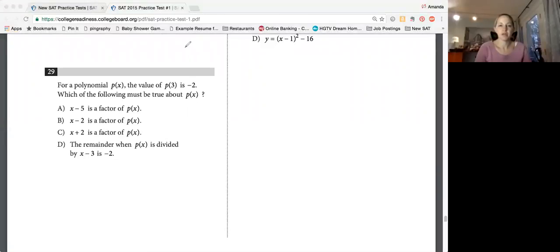Inside the parentheses of a function, that's my x value, and what it equals is my y value. So what this is saying is that the point (3, -2) is in that function.